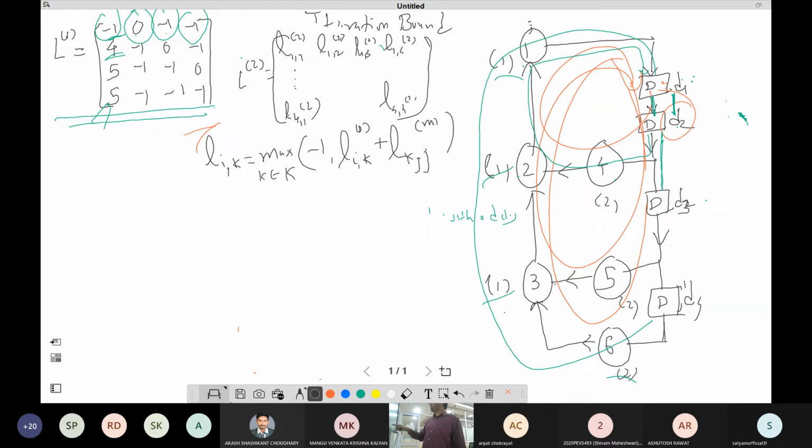Okay, so what this says, just understand it is 1, correct? Okay, L_ik, maximum of k belongs to capital K, of L_ik minus 1 plus L_kj.